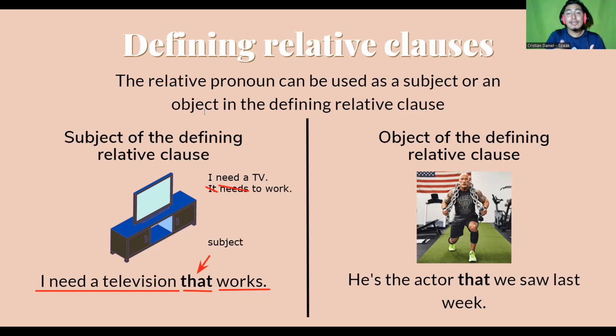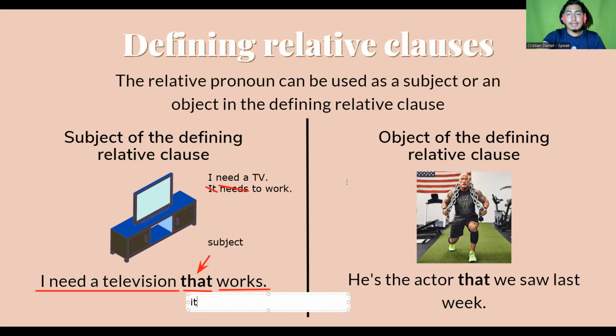So I need a television that works. I don't have to say that it works, because that in this example is making the function of it, okay? That's the subject in this example, okay?